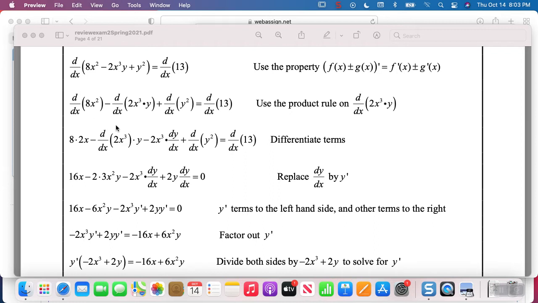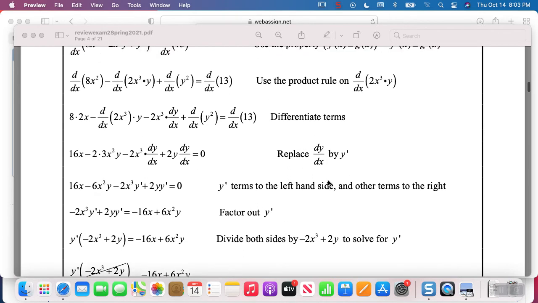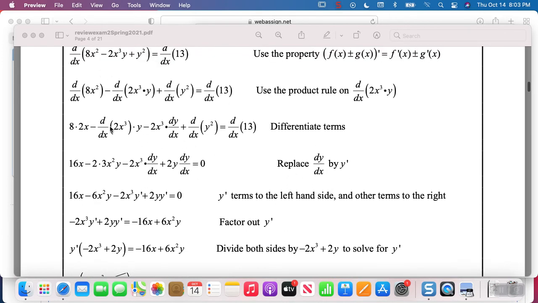But when you take the derivative with respect to x of a y squared term, you use the power rule followed by the chain rule. These are the two things you must consider when taking the derivative with respect to x of the equation.